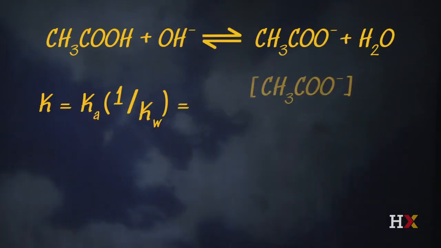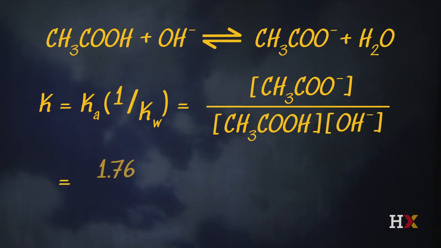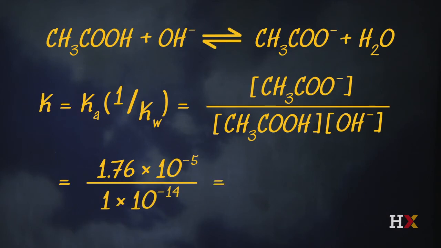So the acid dissociation constant, or equilibrium constant, divided by the autoionization equilibrium for water gives us an equilibrium constant for that reaction of nearly 2 times 10 to the 9. Now the instant we see 2 times 10 to the 9, we recognize that this reaction has gone almost entirely to completion. It vastly favors the product, the acetate anion, over the acid, the acetic acid.